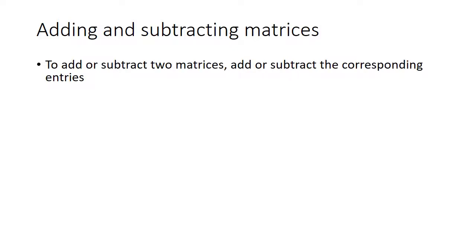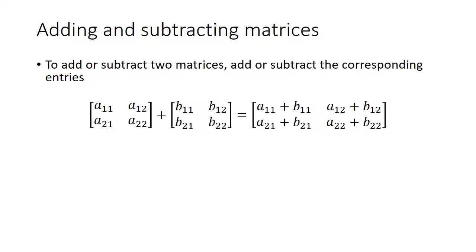Now, if you have 2 matrices, you can add and subtract them. When you do, you're going to take corresponding entries, like entry 1,1 for each matrix, and either add or subtract just those 2 digits. So this is kind of what it looks like. We have matrix A and matrix B, and their entries are labeled the same: 1,1 and 1,2, 2,1 and 2,2.